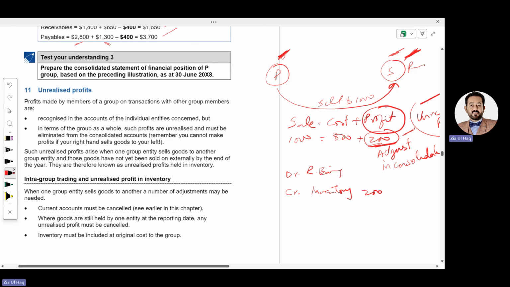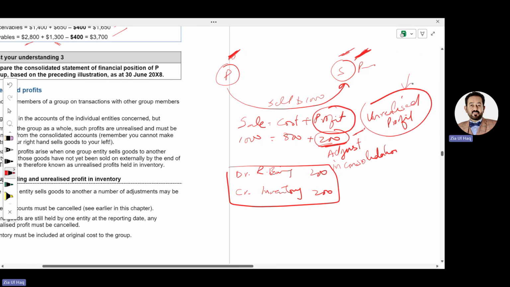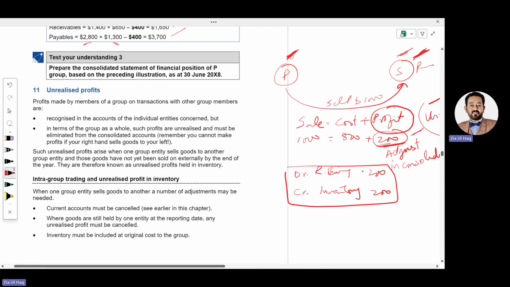And we need to debit the retained earnings because the profit is included in retained earnings. So by debiting retained earnings, equity, we can eliminate this effect. In the case of intergroup transactions, we need to adjust the receivables and payables and we need to eliminate the part of profit because that profit is unrealized profit. How can we eliminate it? Debit retained earnings, credit inventory. Can you understand this?